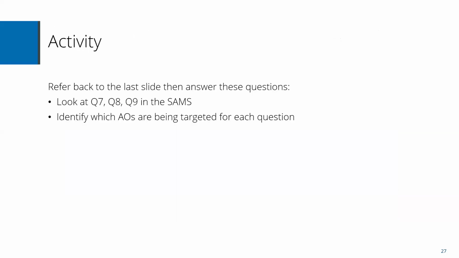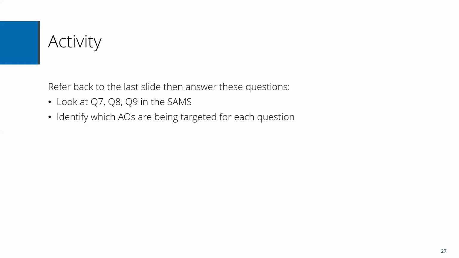Moving on to look at an activity for you here. It refers back to that last slide, and we're saying to have a look at questions 7, 8 and 9 in the SAMs, which I will read out to you if you haven't got sight of it, and to identify the assessment objective being targeted for each question.